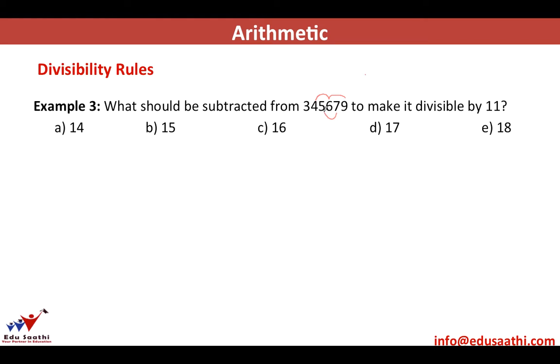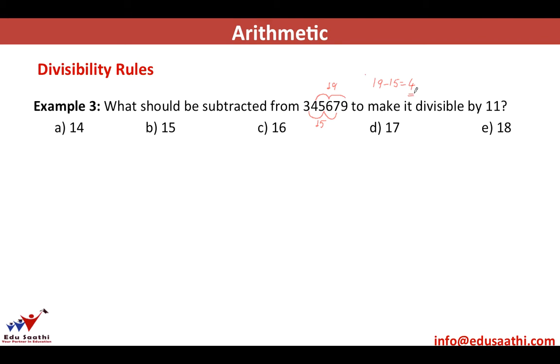So these will be the digits that I will have. If I just add them up, this is coming out to be 19, and the other sum, 8 and 7, is coming out to be 15. Now if I look at the difference, 19 minus 15, this is coming out to be 4.